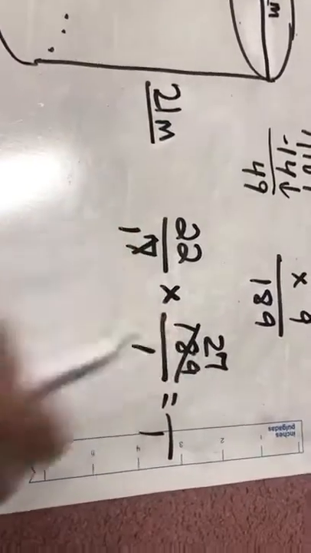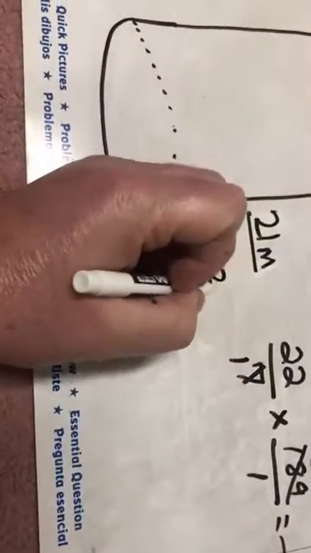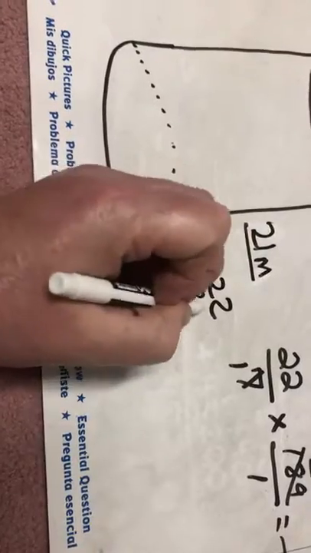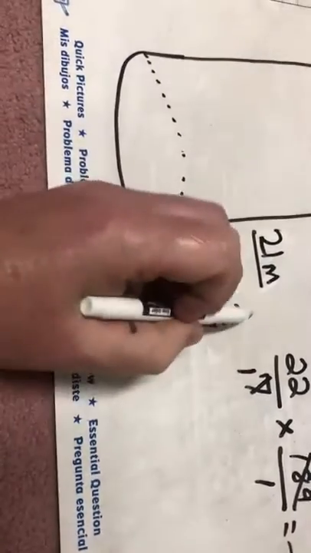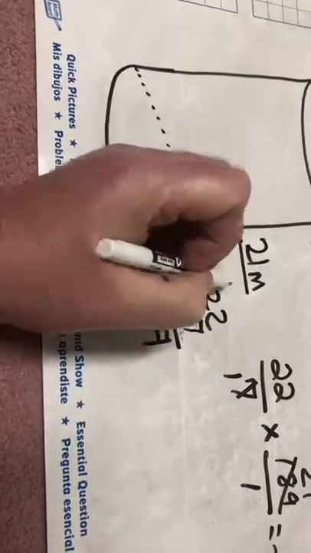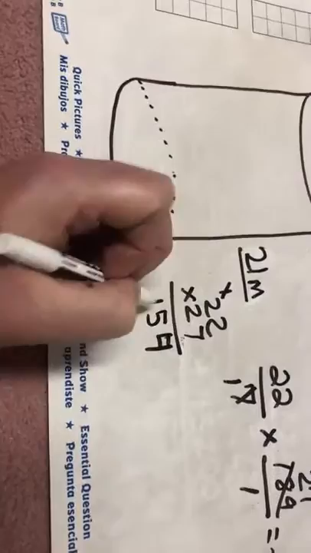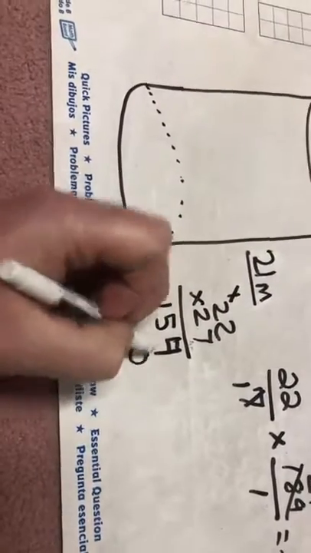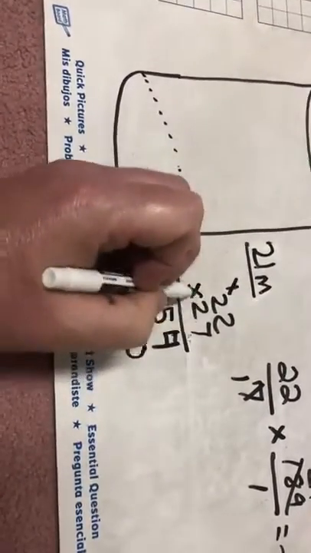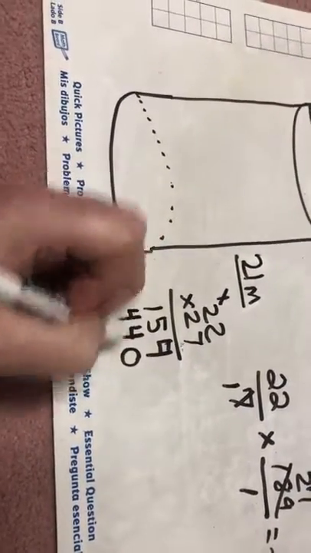Then I've got to do 22 times 27. So I'm going to come down here, and I'm going to go ahead and do 22 times 27. 7 times 2 is 14. Put the 4 down, carry the 1. 7 times 2 is 14. Plus the 1 is 15. Put a 0 down so everything lines up with my 2. 2 times 2 is 4. 2 times 2 is 4.